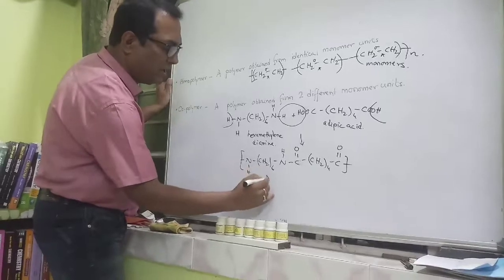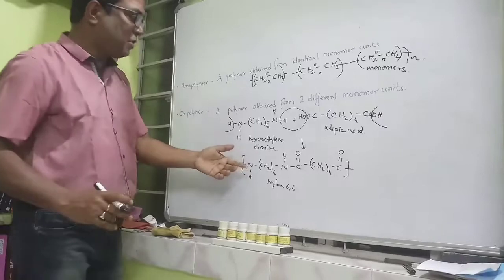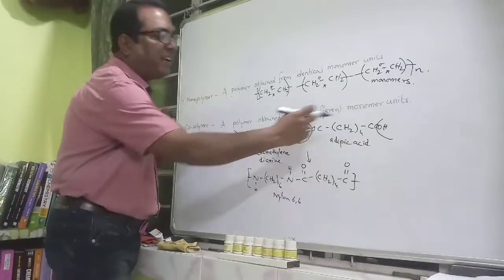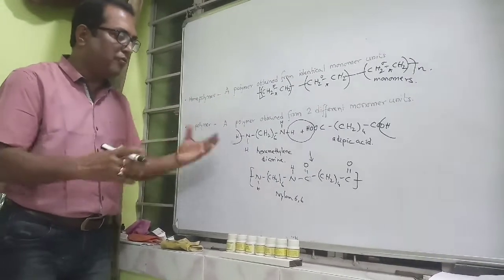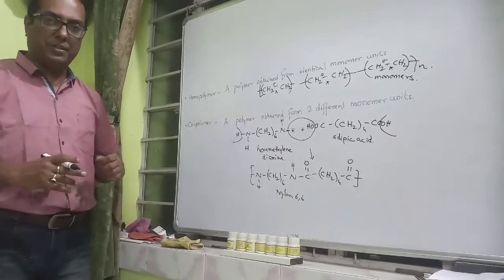This is what we call nylon 6,6. So nylon 6,6 is a copolymer. Why? Because two different types of monomers have come together to form a unit. So it is called a copolymer.